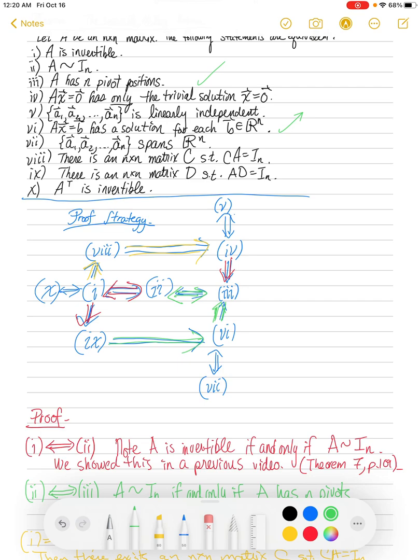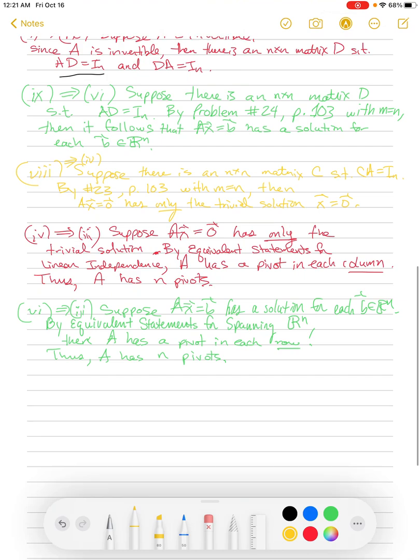Got 6 implies 3. Any others? How about 4 if and only if 5? We need to take care of that one right there, the double arrow. 4 if and only if 5. Ax = 0 has only the trivial solution, x = 0, if and only if a1 through an is a linearly independent set. Well, that's just from the conditions of linear independence.